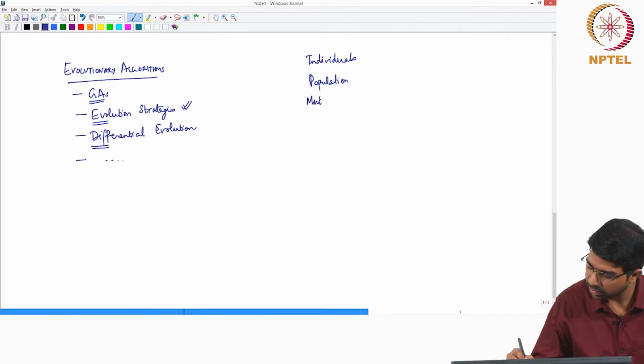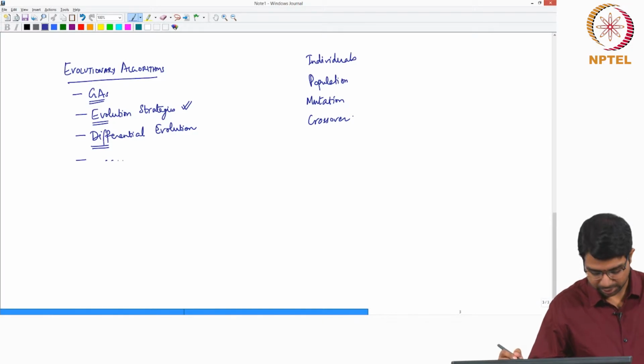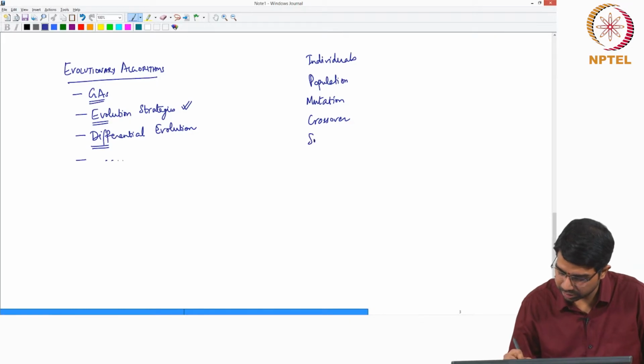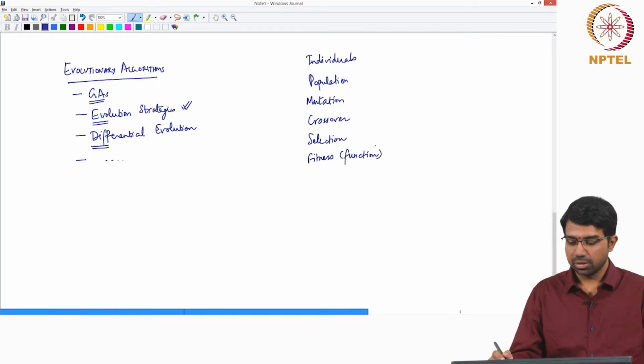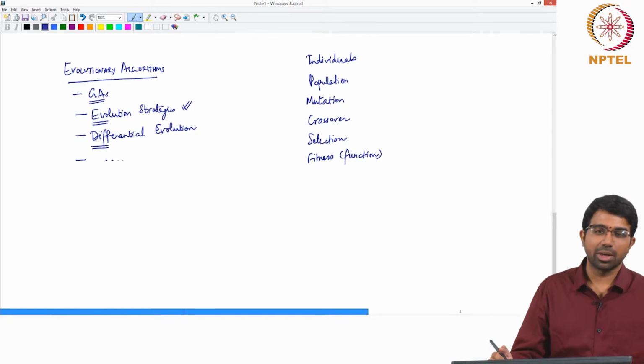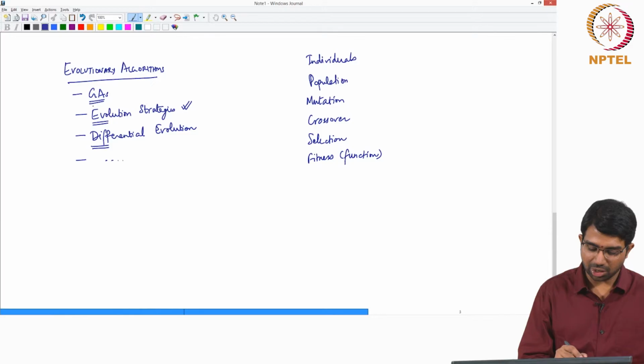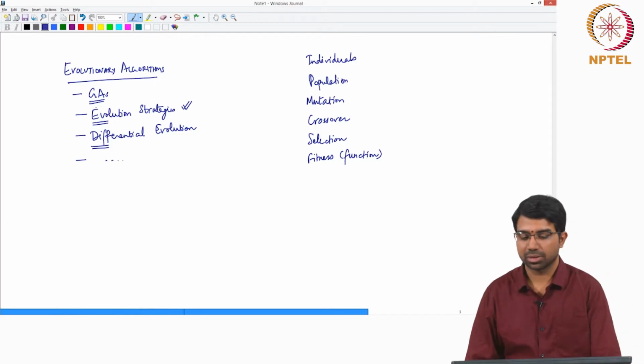So it involves mutation, crossover, and then there is selection, that is important, and selection happens based on fitness. In fact, you call it here a fitness function. So, all these are essentially biological terms which have new connotations in the context of evolutionary algorithms.